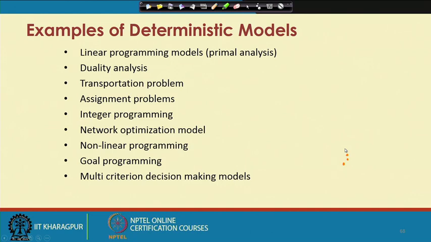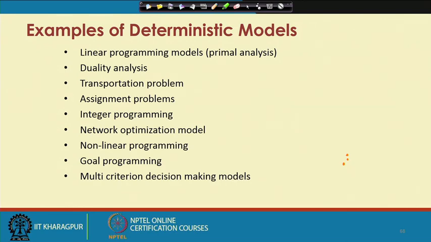Since I have already mentioned the clusters of decision models, that is deterministic versus stochastic, we have plenty of examples. In the deterministic models, the examples are LPP, the linear programming problem models, with two primary structures, then the counterpart, the duality structure, then transportation problems, assignment problems, integer programming, network optimization models, nonlinear programming, goal programming, and multi-criteria decision making models.